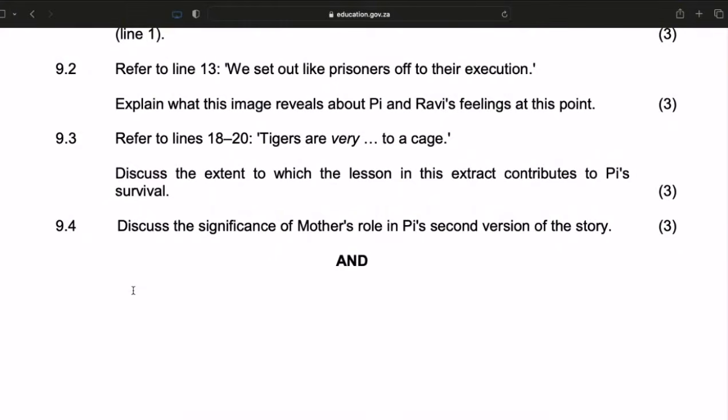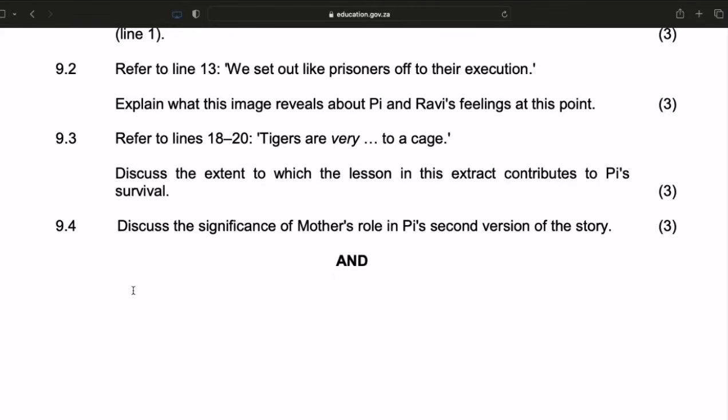So mother, in spite of being traumatized by the cook, continues to play a gentle, caring, and nurturing role. Pi's mother goes on to defend him against the cook.